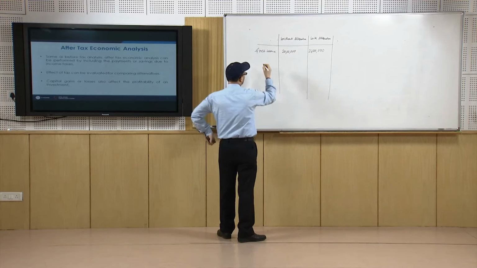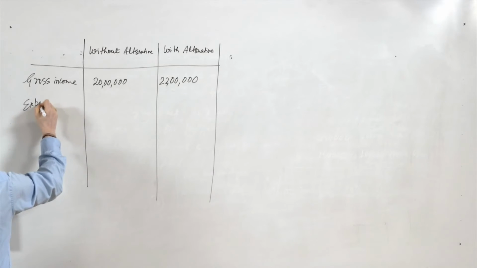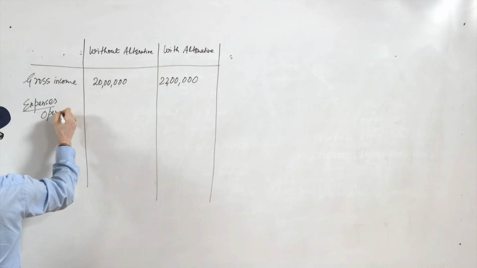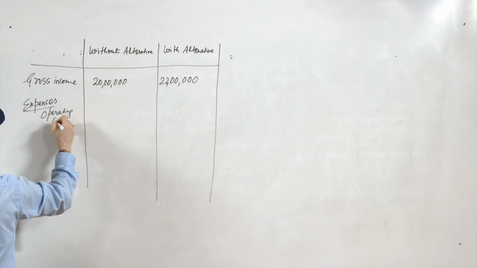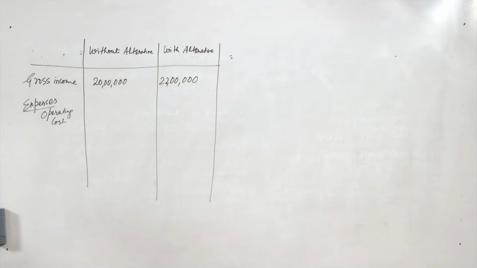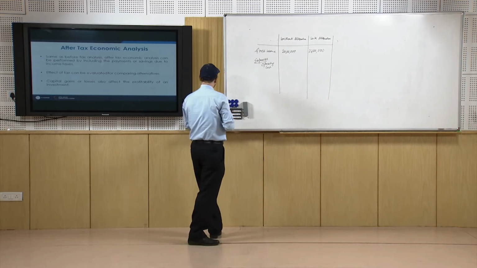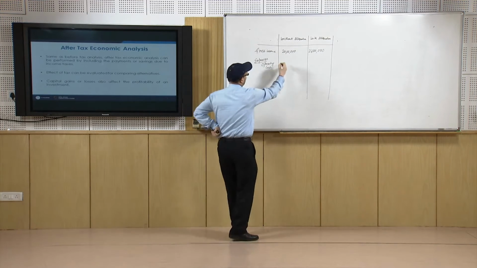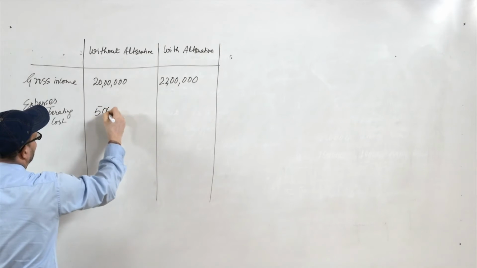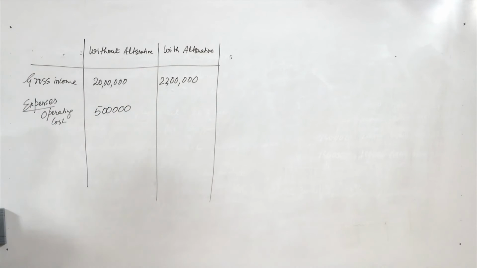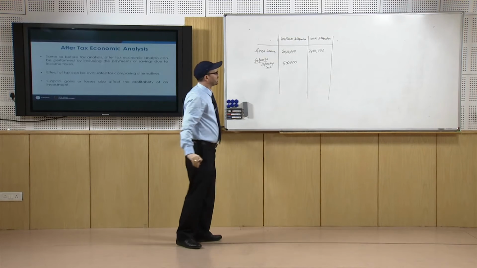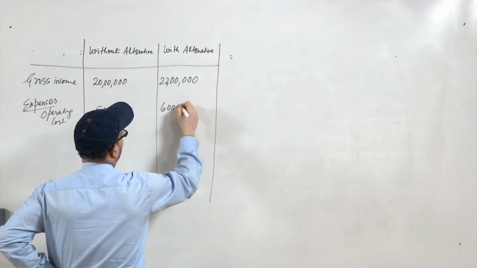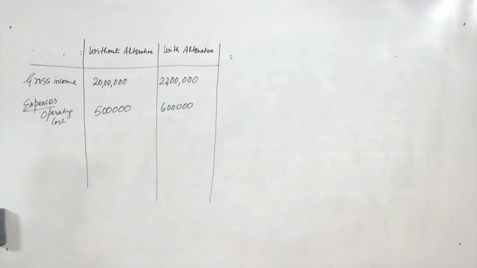Further, the expenses like operating cost are seen as 5 lakh when we are talking about the without alternative case, and 6 lakh when it is with alternative.